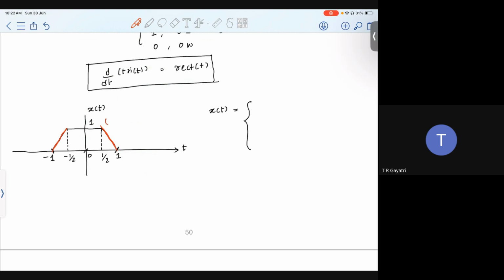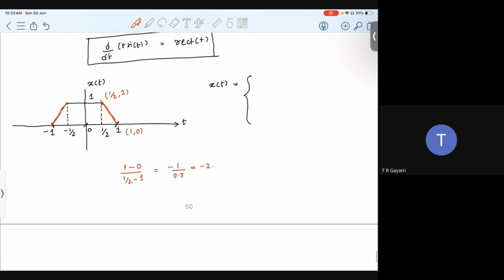So how can you find the slope now? 1 minus 0 divided by half minus 1. So this is minus 1 by 0.5, which is minus 2.